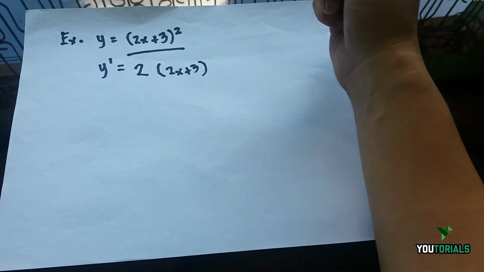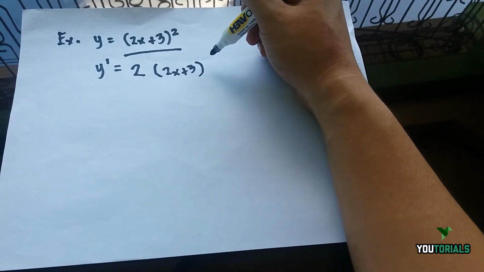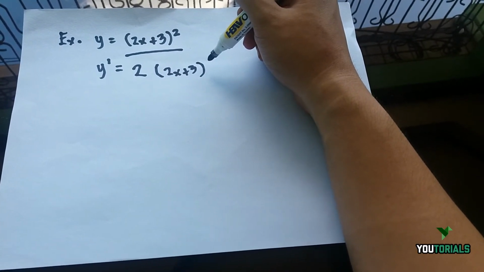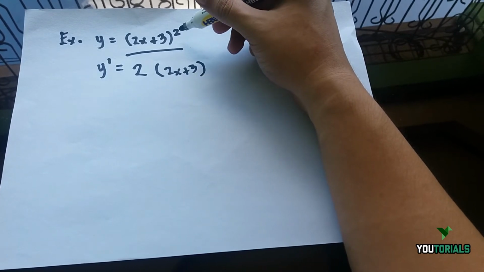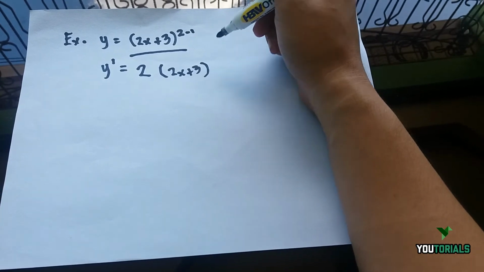Then right after that, follow the formula. The n minus 1 would be our exponent. So our exponent here is 1 because 2 minus 1 is equals to 1, so we don't need to write that.